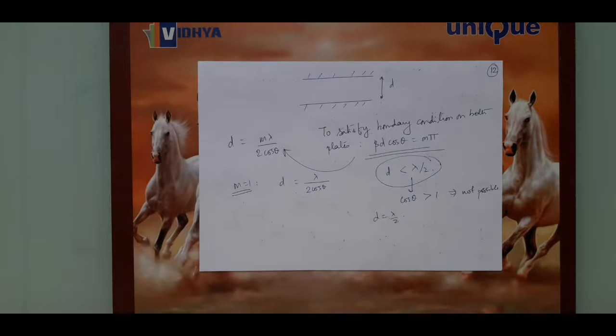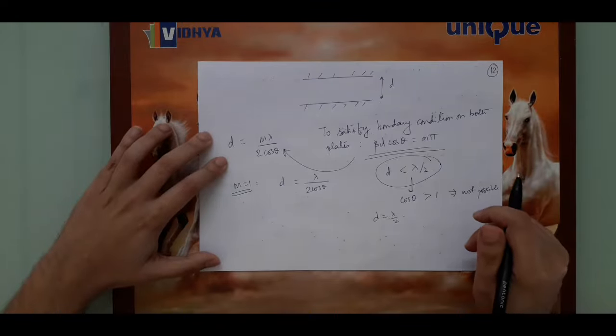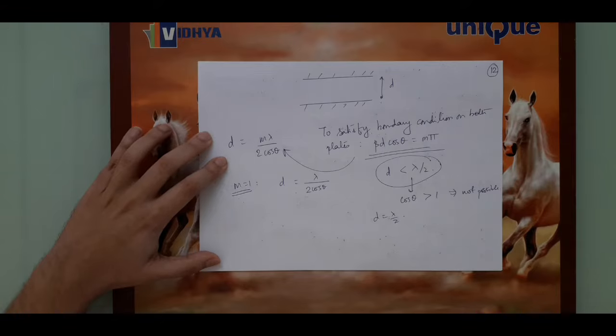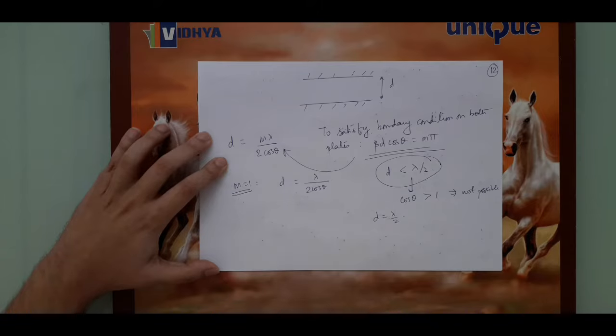Now this is a very strange thing. But suppose we say that d is lambda by 2, that means theta is 0.